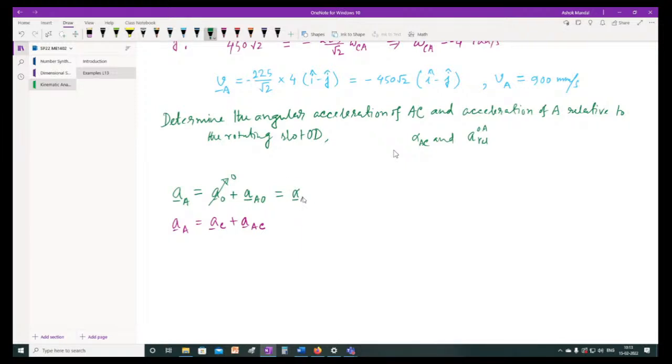Alpha AO cross R plus omega cross omega cross R plus twice omega cross V relative plus A relative of OA. ठीक है.